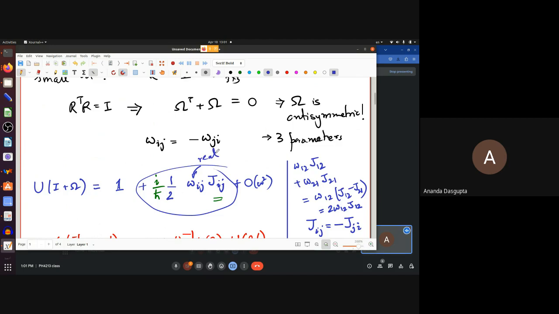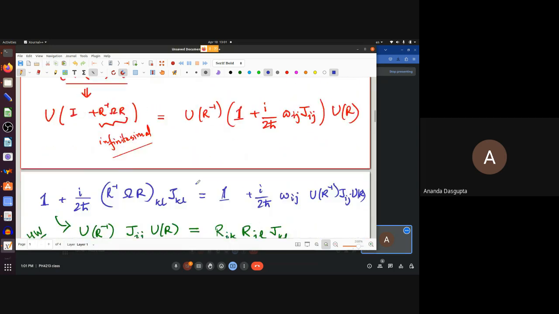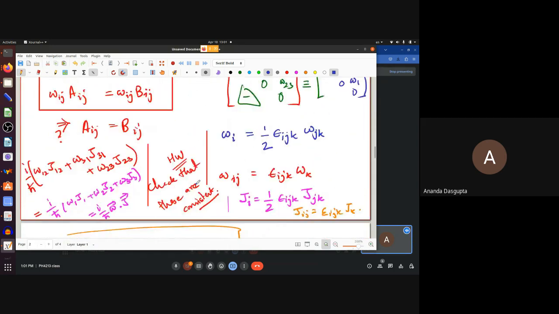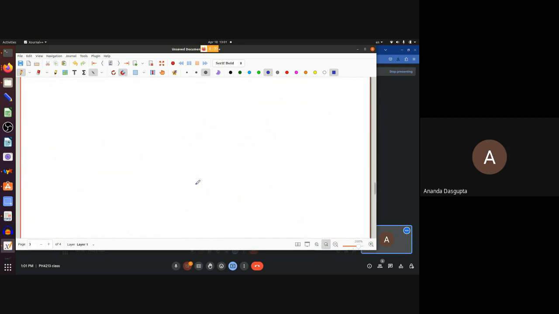Of course, here we are looking only at infinitesimally close to the identity, but omega could be big, and that would give you the whole tangent plane, right? So iJ1, iJ2, iJ3 are the Lie algebra basis vectors for SU2.